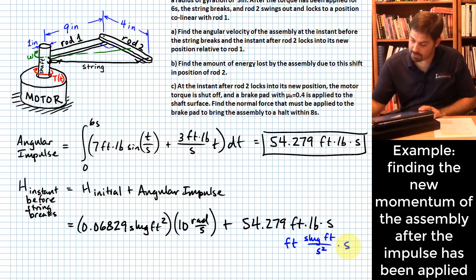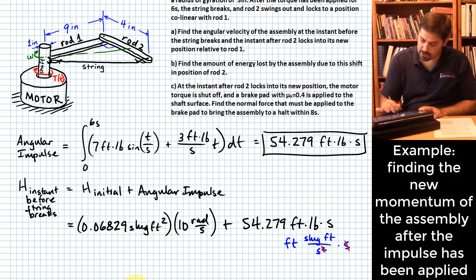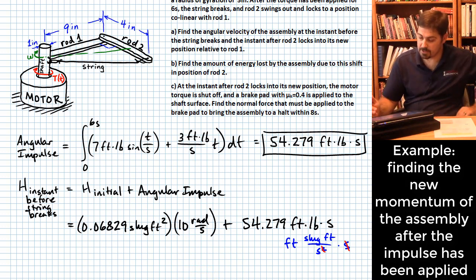So what happens here is we have slug feet squared per second, because this seconds cancels one of these seconds. So I have slug feet squared per second. What do I have over here? Slug feet squared, radian doesn't count, per second. So these are actually consistent units here, just making sure that we're not screwing that up.